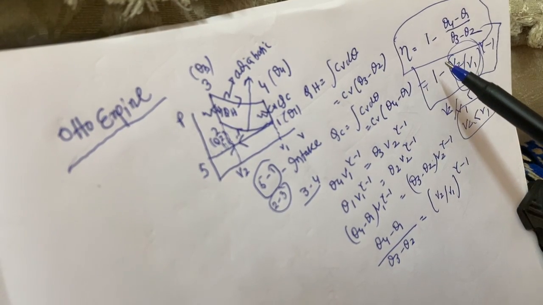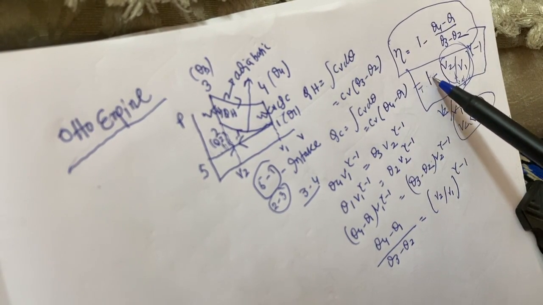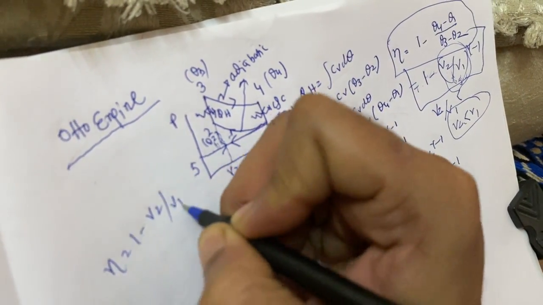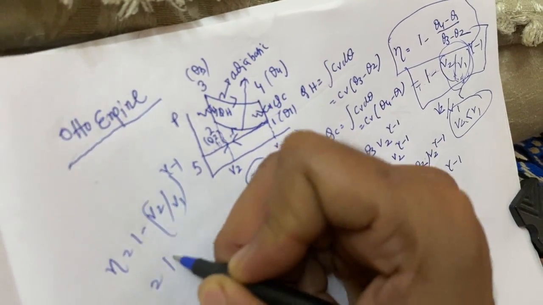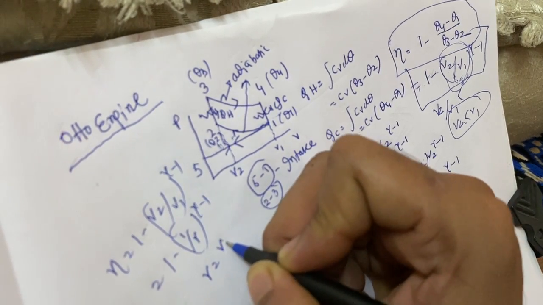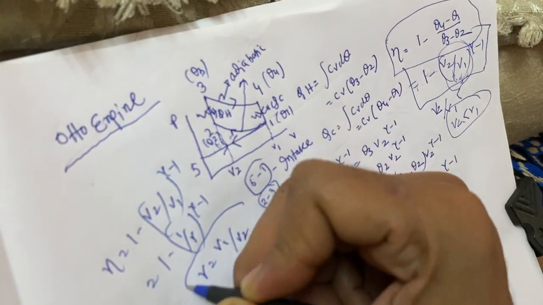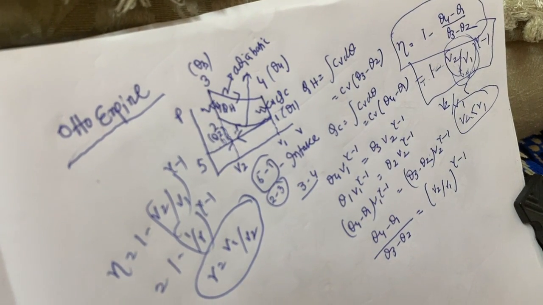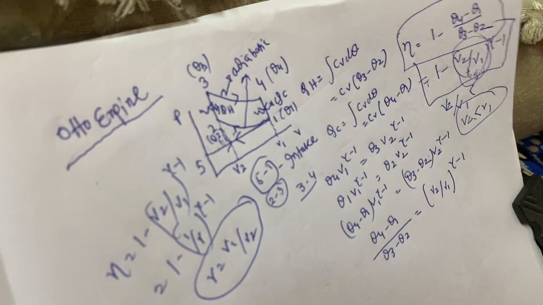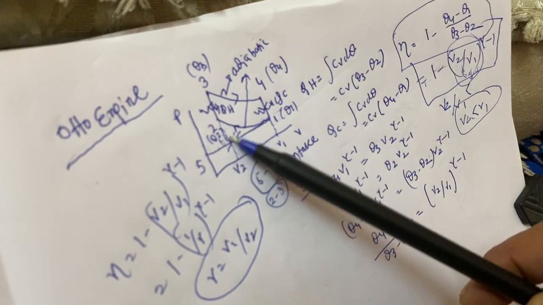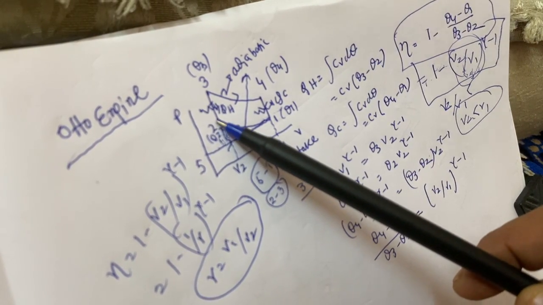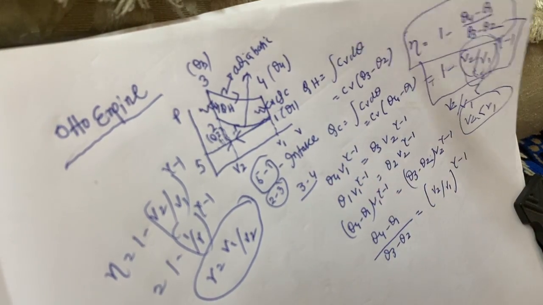I am repeating, the efficiency eta is equal to 1 minus V2 by V1 to the power gamma minus 1. That means 1 minus 1 by R to the power gamma minus 1, where R equals V1 by V2. This factor R cannot be made so high, because if R becomes so high, theta 2 becomes so large that it will cross the ignition temperature of the gasoline and the gasoline will burn out.